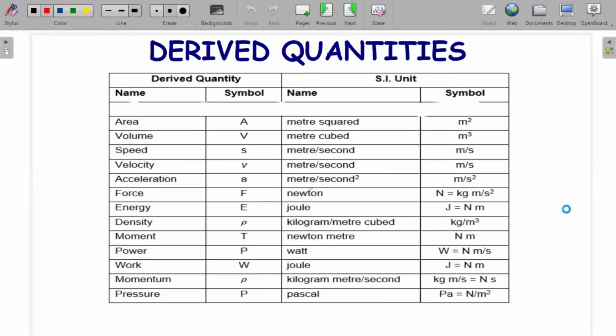So I've also included a table of some secondary physical quantities. We have length, volume, speed, velocity, acceleration, force, energy, density, moment, power, work, momentum, and pressure. These are some of the derived physical quantities. Of course, we can't mention all of them. As we are speaking right now, some more are being discovered.